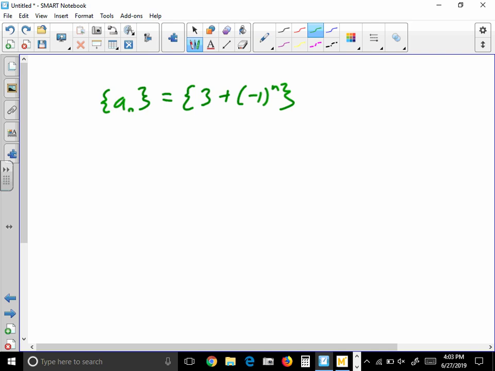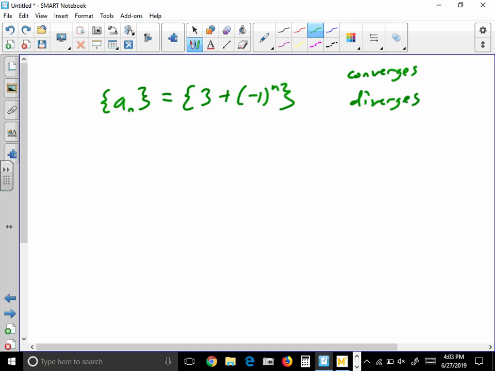Like in the last section, when we were looking at improper integrals, we get a number, but we also say whether or not it converges or diverges.